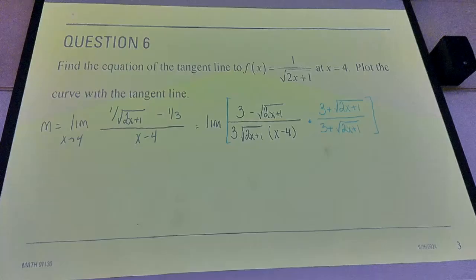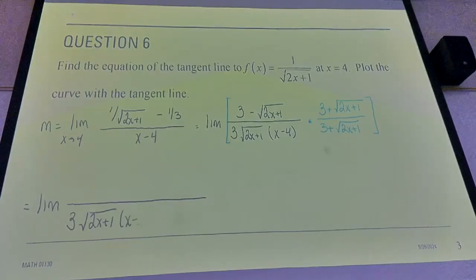We have to rationalize it, which means that denominator is going to be absolutely hideous. 3 square root times x minus 4 times 3 plus square root.